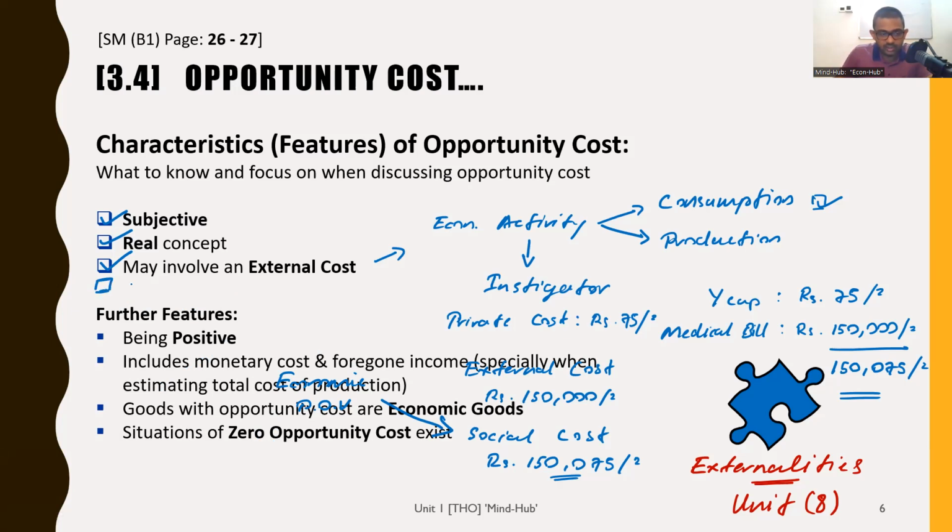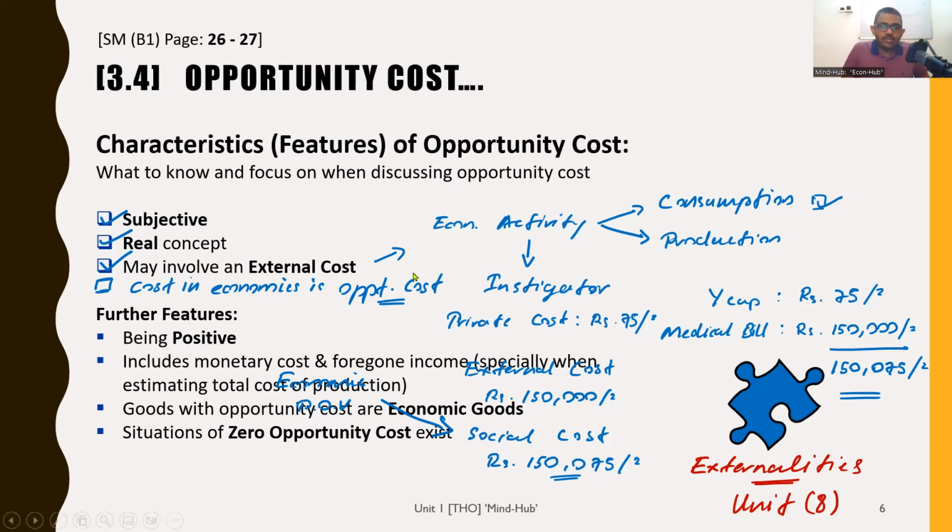Either way, we say cost in economics is opportunity cost. For us in economics, when we say cost, we mean opportunity cost. After some time in our subject, you don't need to say opportunity cost. When you just say cost, you have to think opportunity cost.